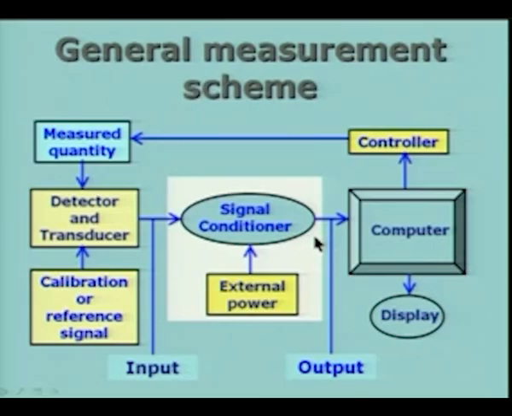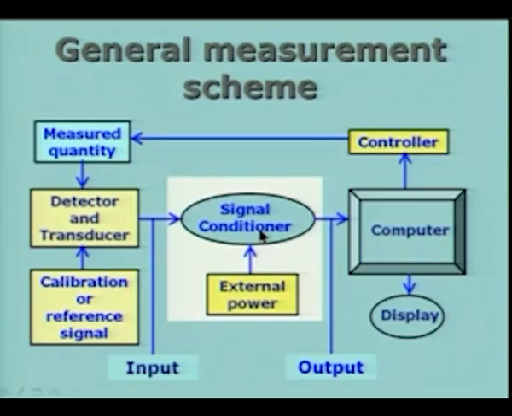It may also manipulate in many other ways, for example by taking the logarithm, integrating the input or differentiating the input and so on. These are all possible conditionings which can be done. Many times the detector signal is very low and it needs to be amplified to a suitable level, so that it can be communicated to the computer or the display or the user in general.